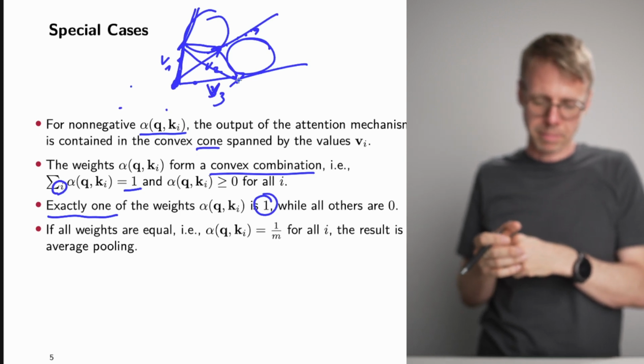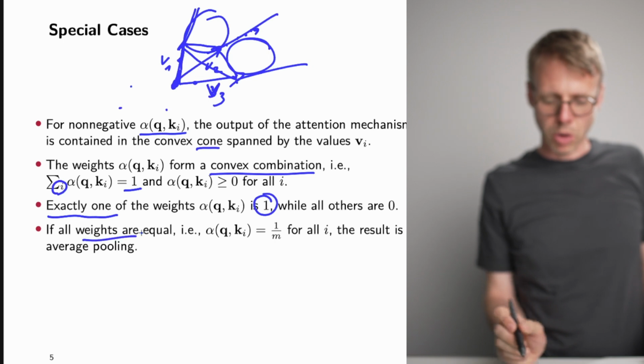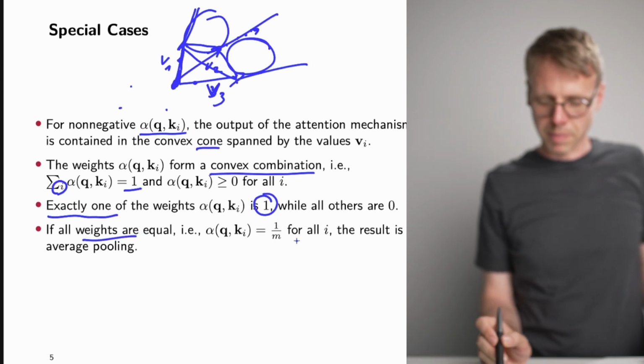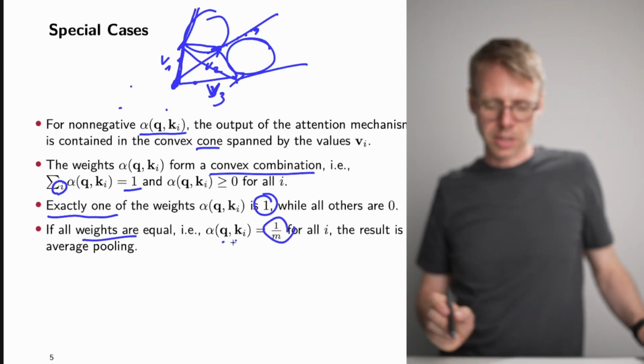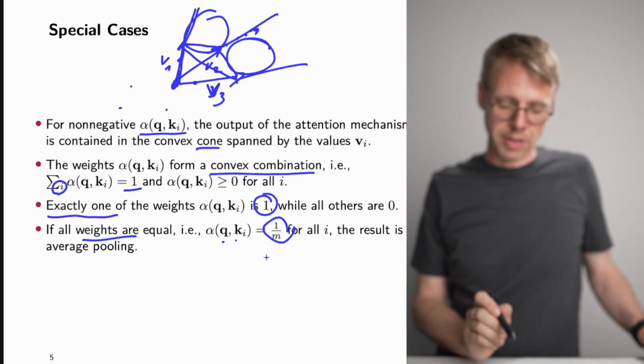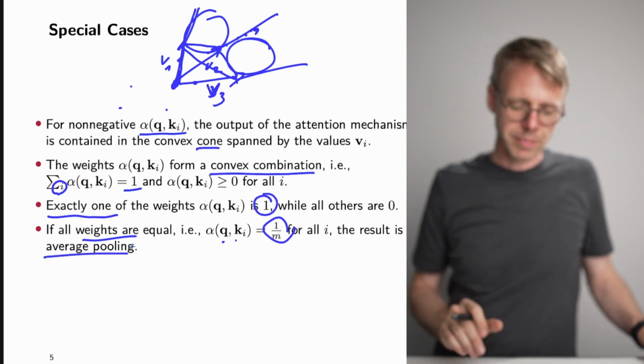Another special case would be where all the weights are equal, so no matter what the query and the key are, you always get 1 divided by m back, then you would just build the normal average.